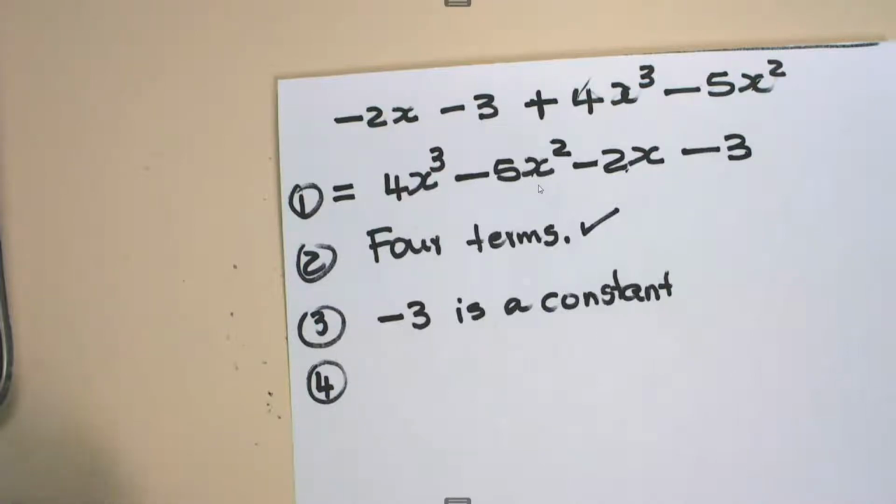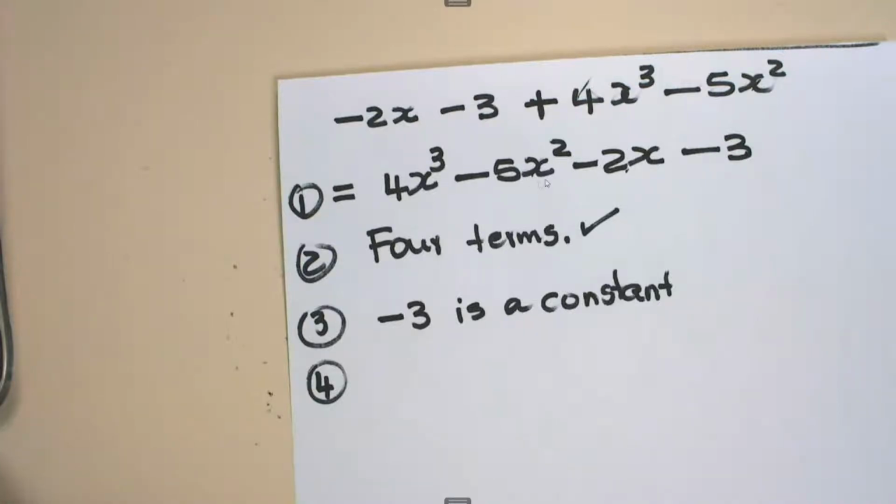Therefore, we are referring to the number which is next to x squared. This is the coefficient of x cubed. This is the coefficient of x squared. This is the coefficient of x.